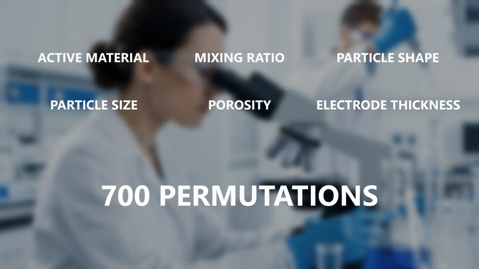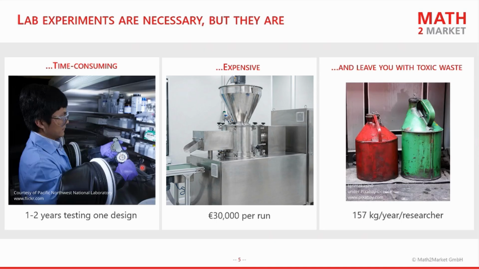And if you imagine that you do all this in the lab, you already see that this is a very difficult task. But not only this, doing battery research in the lab is a very hard task because it's time consuming. You need to work with very expensive lab equipment, for example, in glove boxes or very dry laboratories, to avoid that the battery materials get contaminated by air, humidity, oxygen, or even nitrogen that can react with lithium.